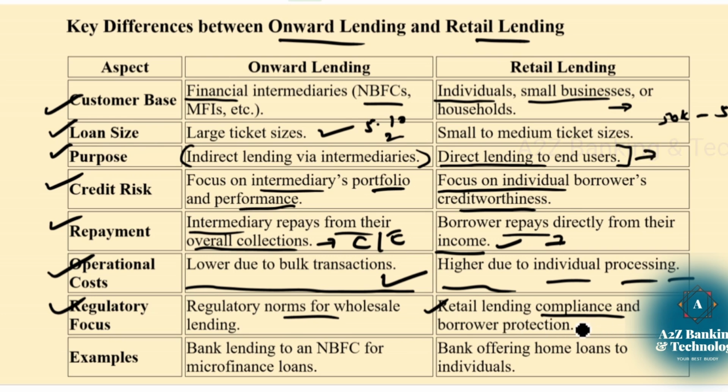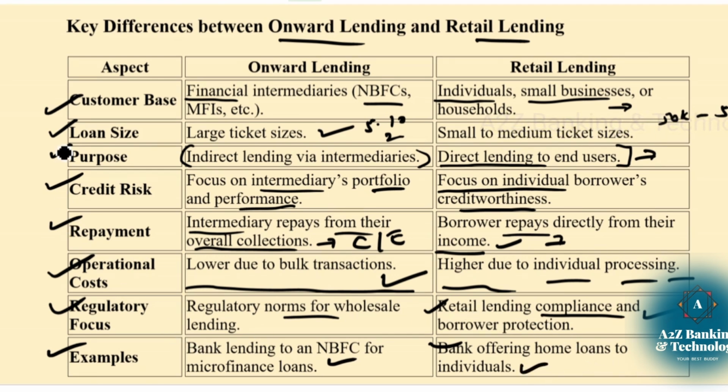So compliance and borrower protection are very important whenever we are funding any retail customer. Examples we have already discussed. These are the types of loans which we give to banks or microfinance institutions, but retail lending is generally offered to individual customers or direct end users of the funds.